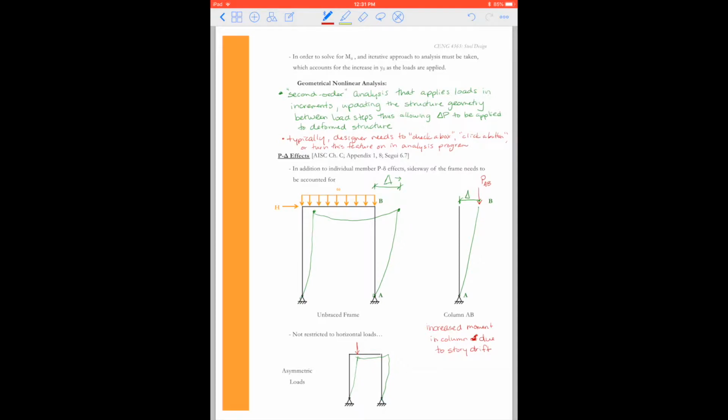So if we just make sure we run a second order analysis in our program, then we don't have to worry, and we've now captured element B of the big 5 requirements.